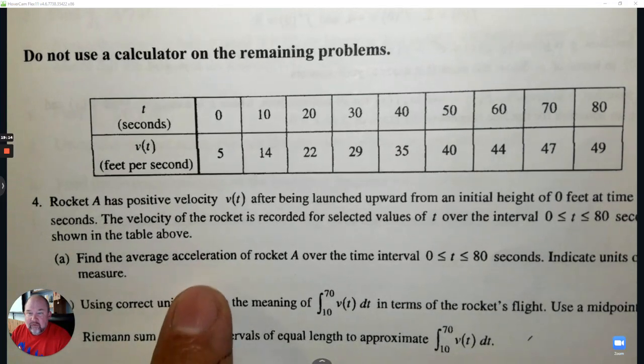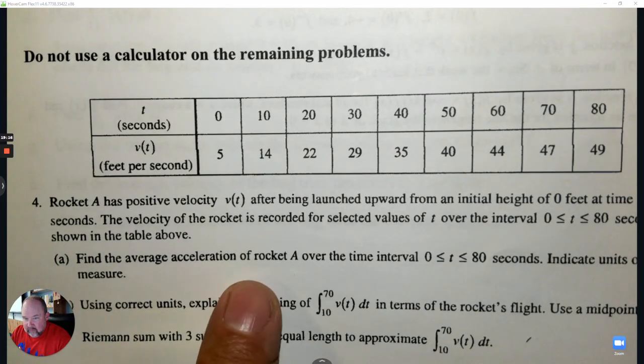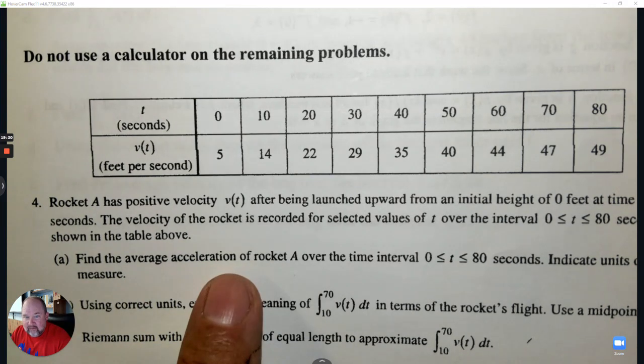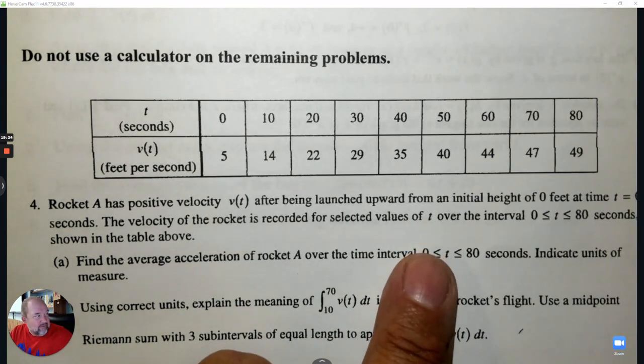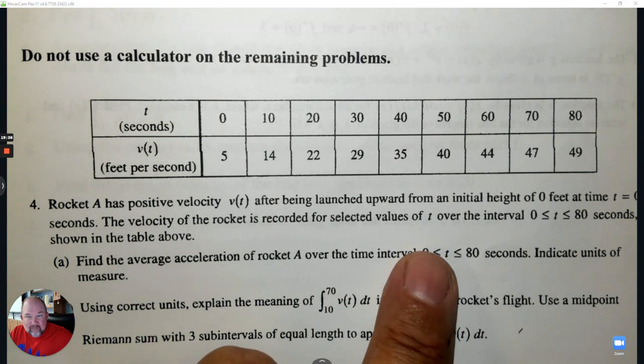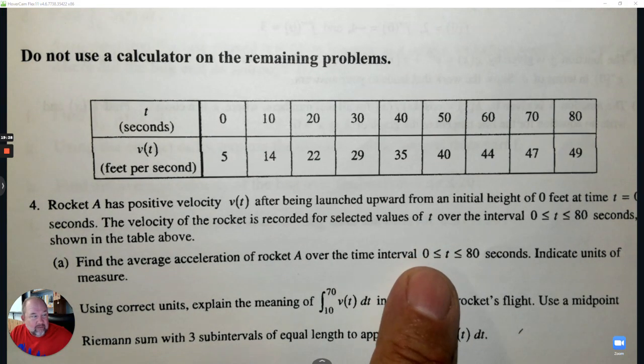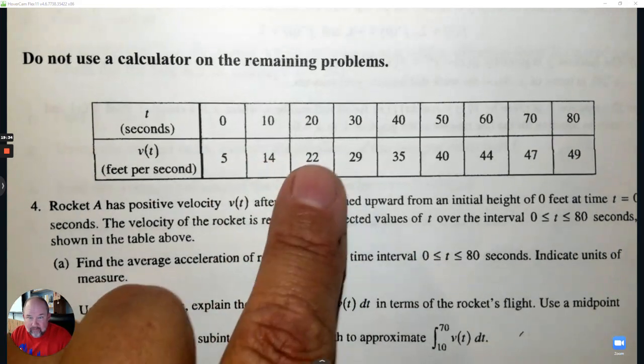First is average acceleration. So to find the average acceleration from 0 to 80, what I'm given is the velocity. So the average one would just be the AROC, right? From 0 to 80, because that's the derivative with this table.